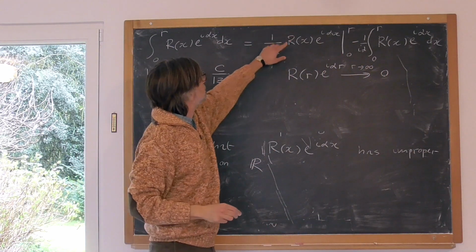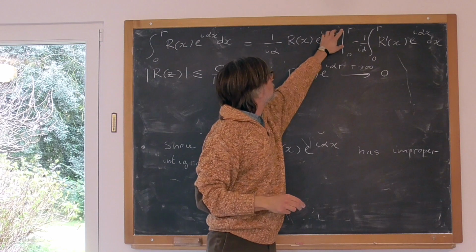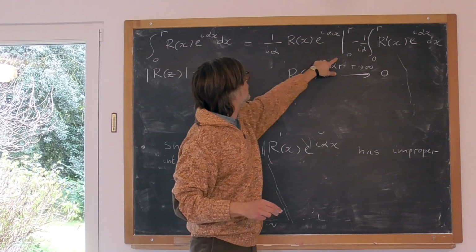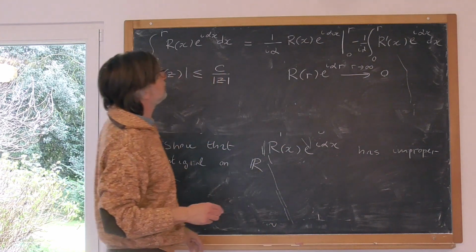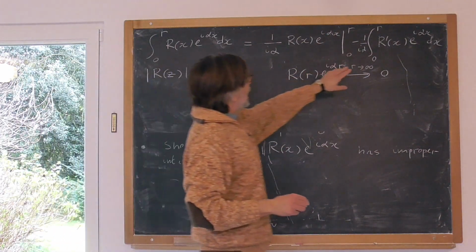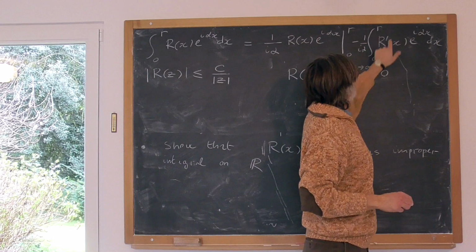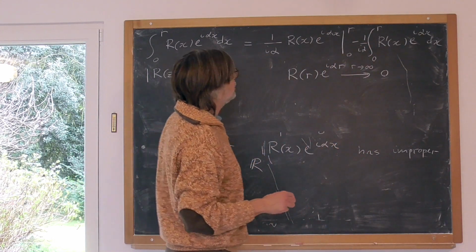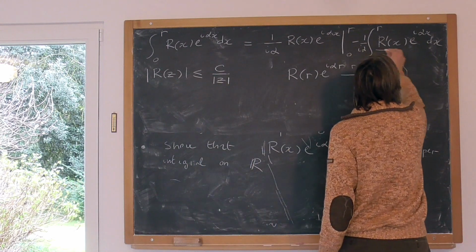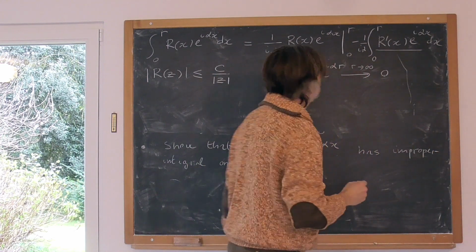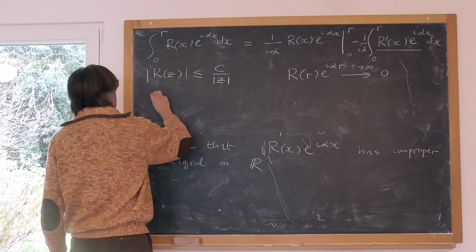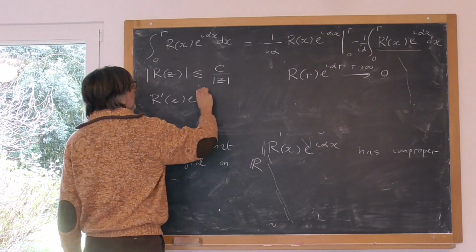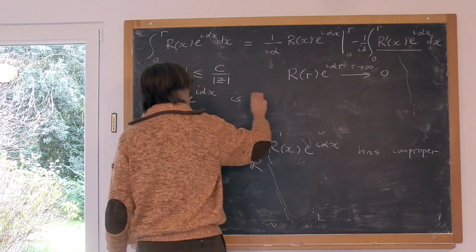Okay, so in this difference, the term with R will go to 0, and we will see the contribution instead given by plugging in x equals 0. And here we have an integral from 0 to R, and now the claim is that this function is summable. So the function r prime times e^{iαx} is summable.